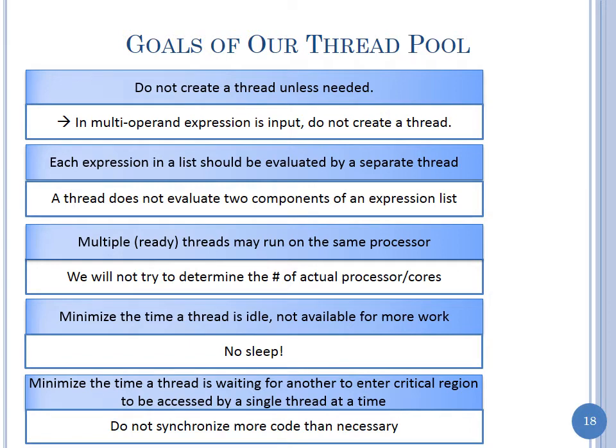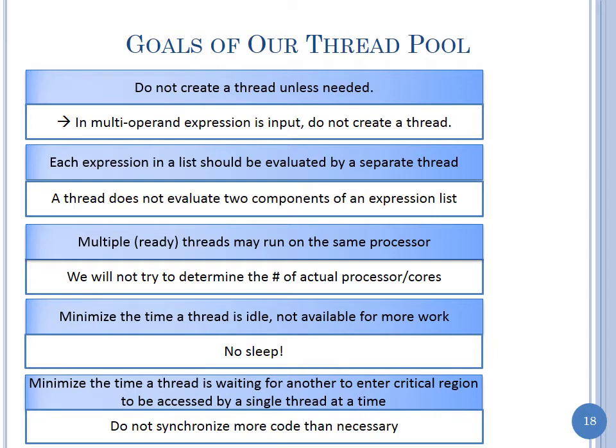Every decision we make has trade-offs. Here, we'll make sure that, given a list, we use maximum concurrency to evaluate it. By which I mean that every component of the list should be evaluated by a separate thread. That's our goal.